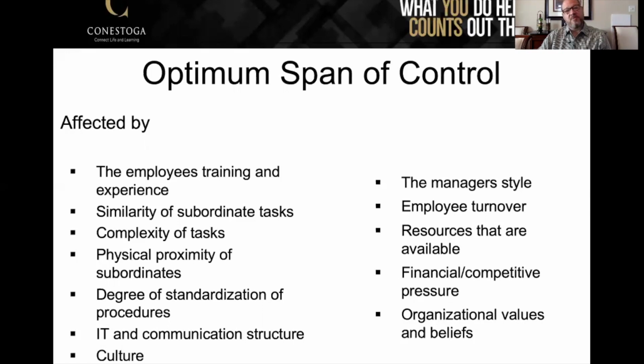It's usually done to make it broader, because that becomes a way of removing management, particularly middle management positions, and just making more people report to that one person. Sometimes you can do it and get away with it, and it doesn't have a negative effect on the ability of the organization to be successful. Often it does, and it's a decision that gets driven by finances more than anything else.